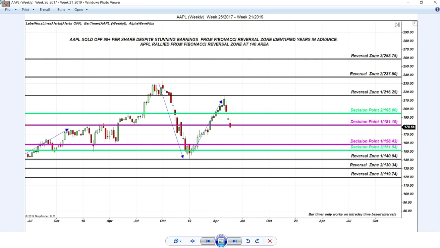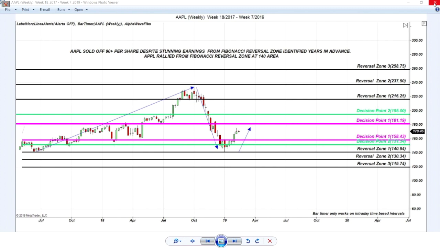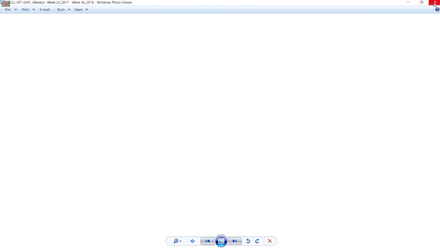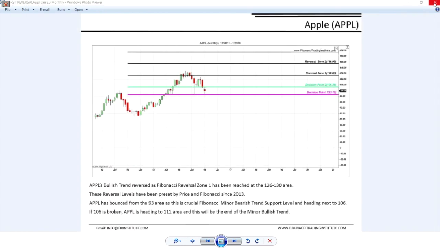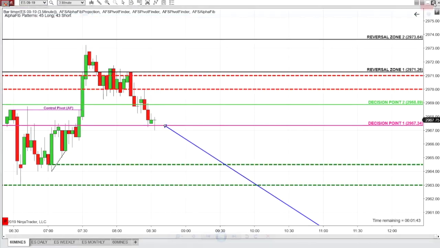Long-term scanner gives you alerts for shorts. All you have to do is choose quality trades, all in advance with Fibonacci targets. Targets never after the fact, all in advance.